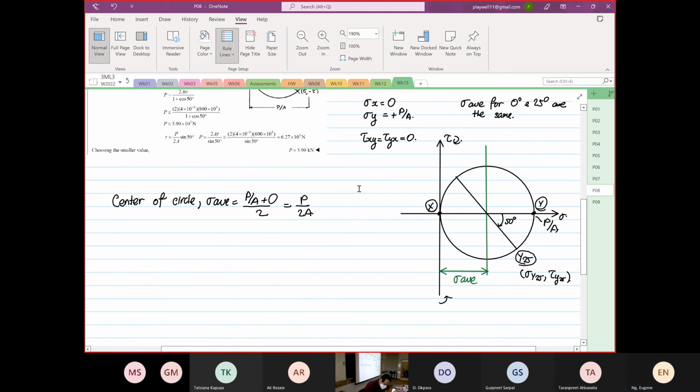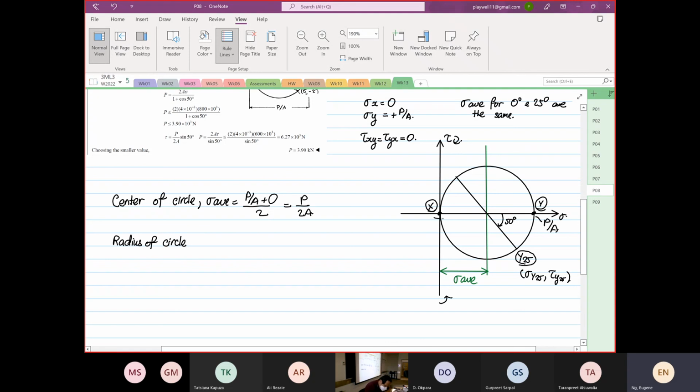Yeah. So we also know our stress average. Sorry, we also know our tau max, which is also equal to the radius of our circle. All right?